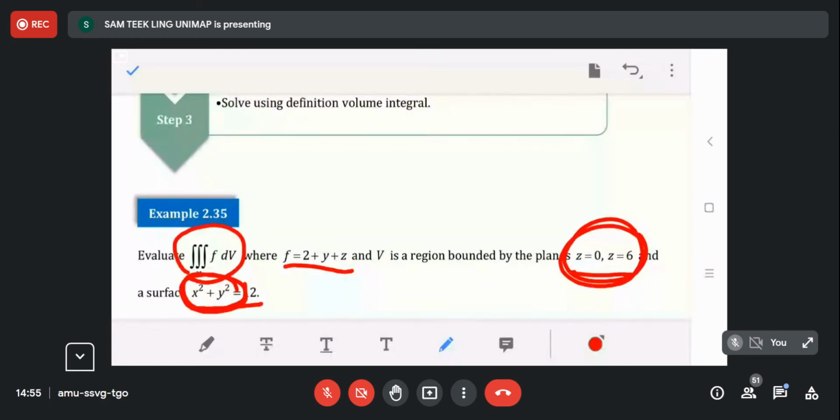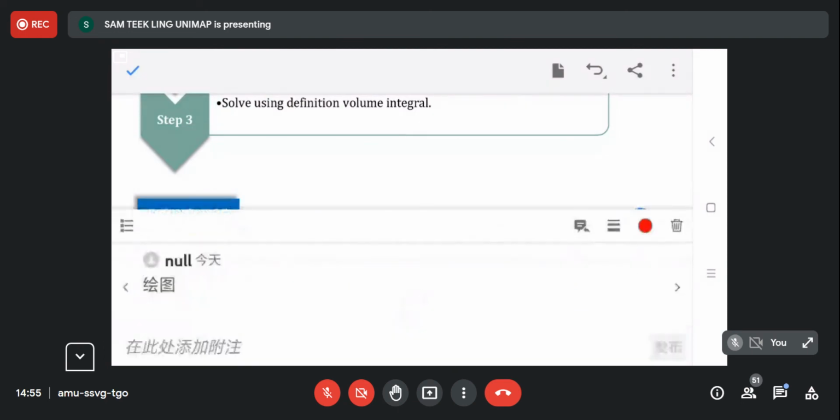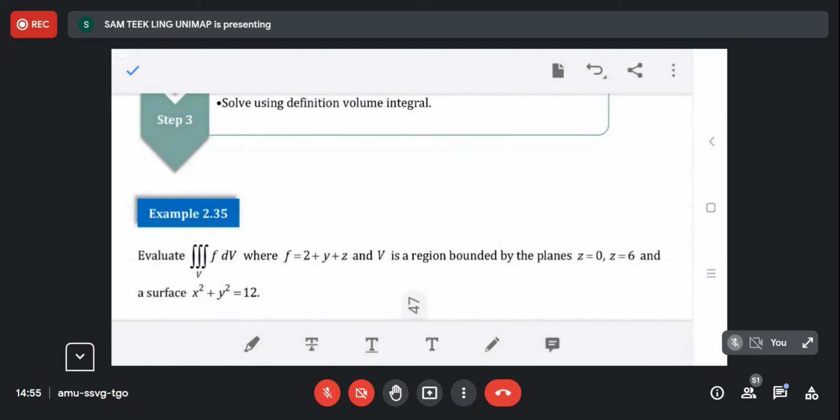Your xy is a circle, and your z is 2 planes. So this one is a cylinder. Here is the radius also: 12.